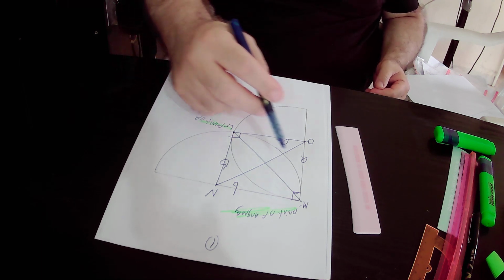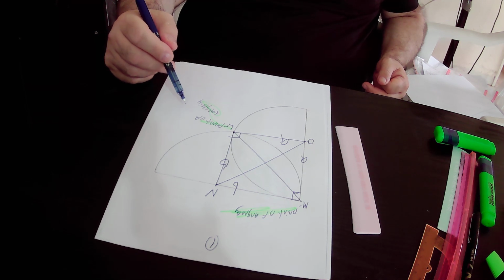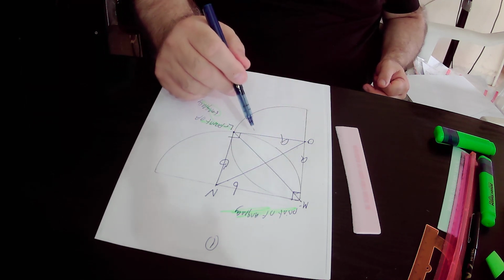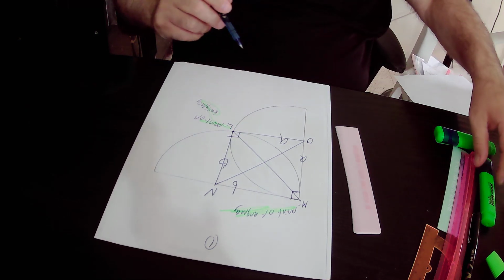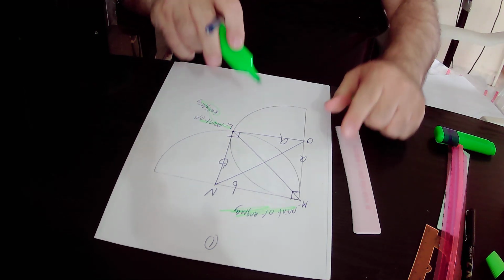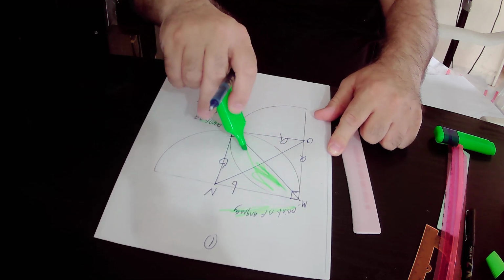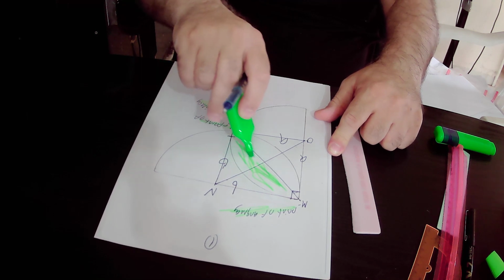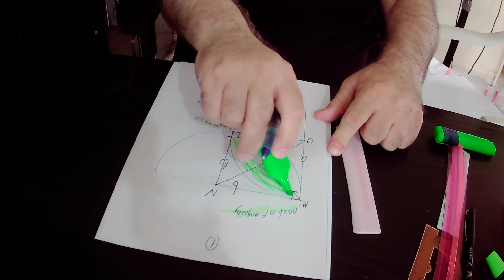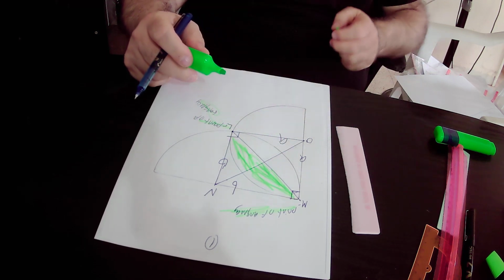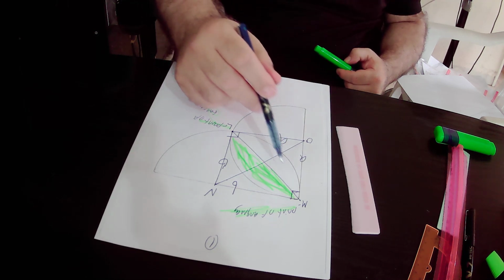Here, the straight line ML divides the lens into two circular segments. Okay. We have the upper circular segment ML, and we have also the lower circular segment ML.